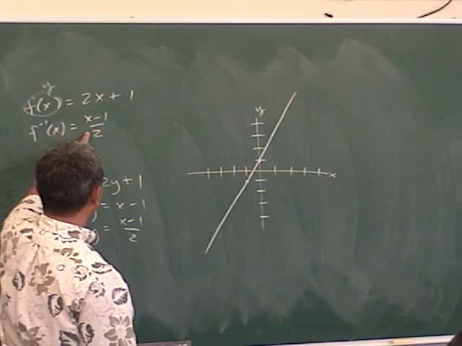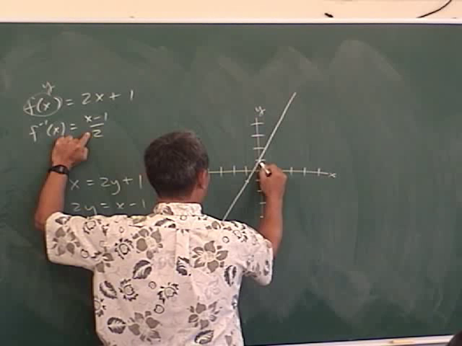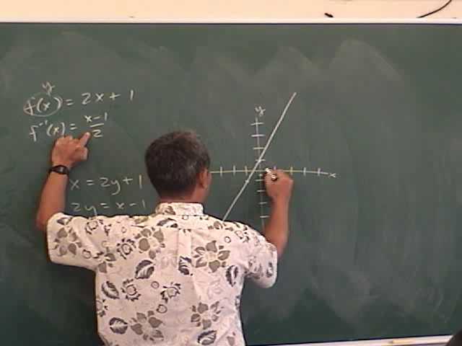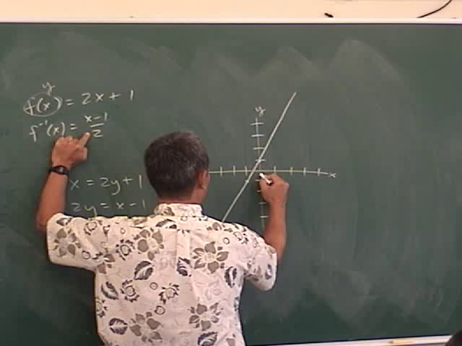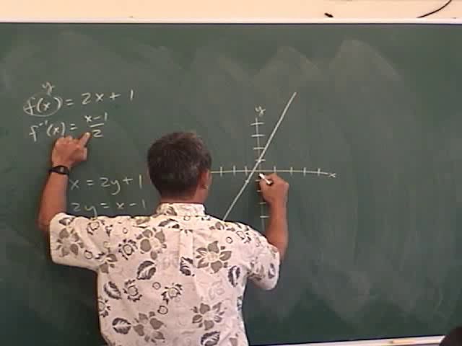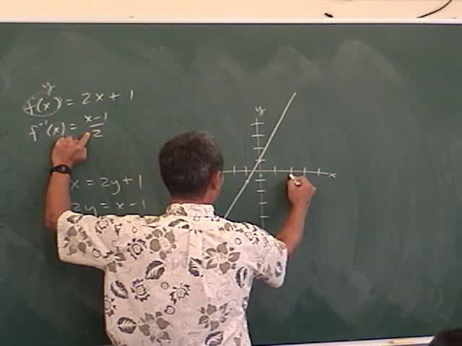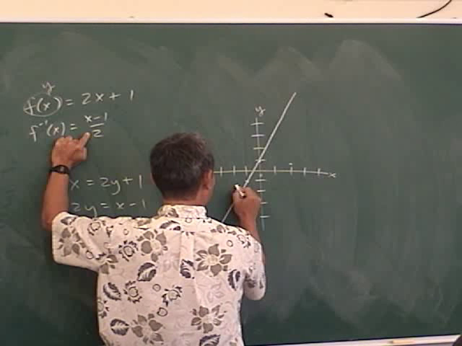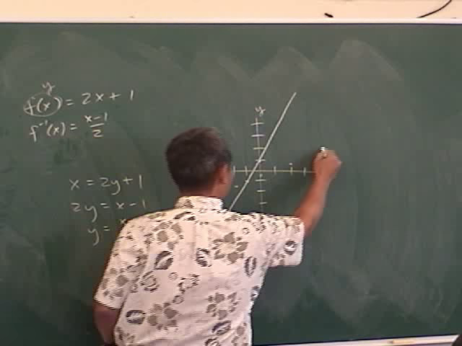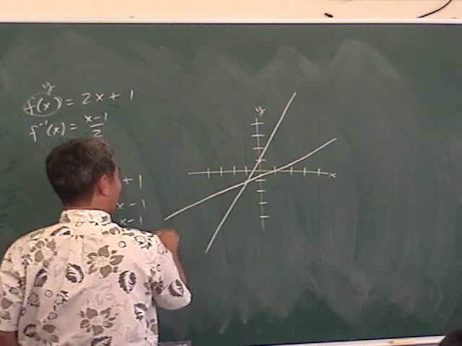Y-intercept negative 1/2, slope 1/2. Rise 1, run 2. Just keep repeating it. There's the inverse. There you go.